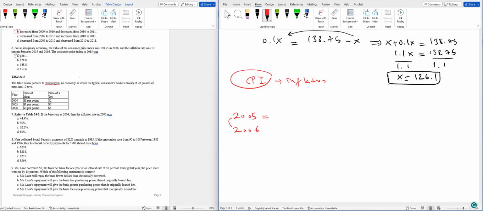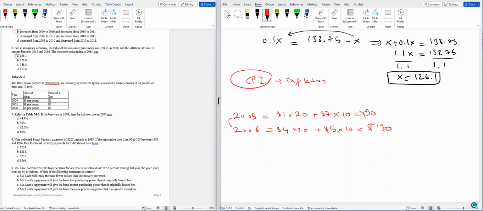In 2005, it's $1 per pound times 20 pounds of meat plus $7 times 10 toys, which is equal to $90. Cost of basket is $90. In 2006, $4 times 20 plus $5 times 10. In that case, it's equal to 130. Cost of basket is 130.